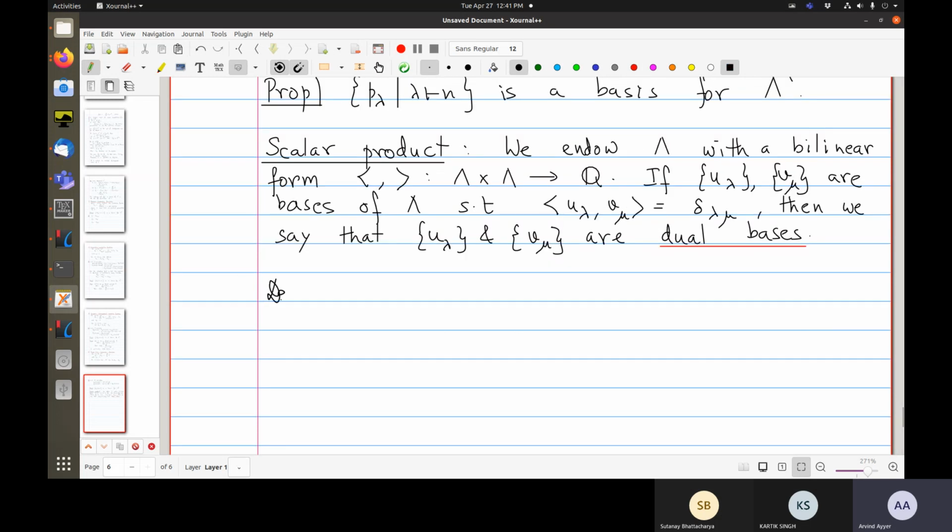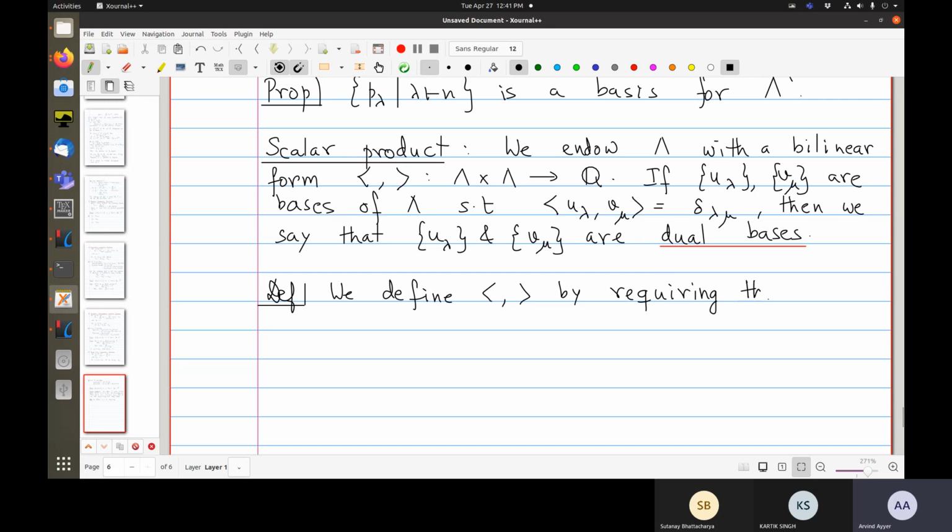So we define it by requiring, so our definition in some sense is going to prescribe dual bases.